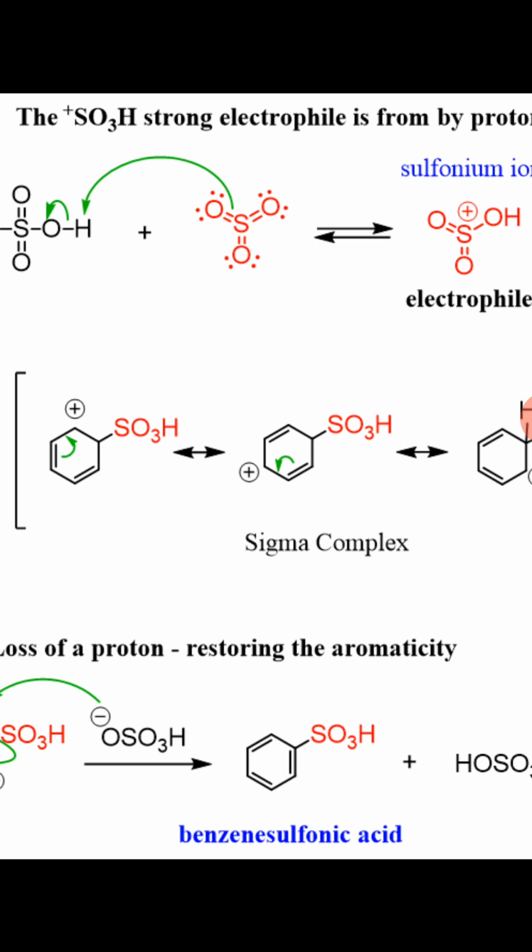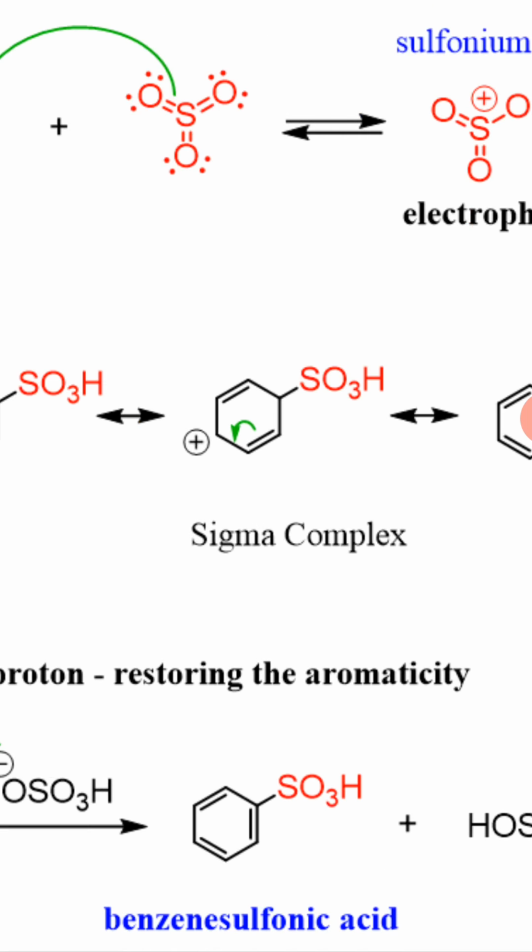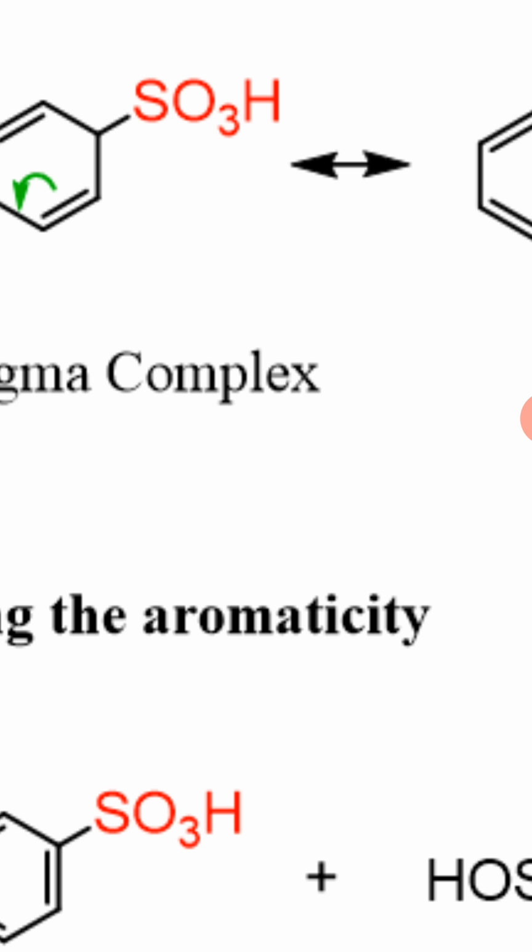The parent name is not benzene like in the previous reactions, where we made nitrobenzene, chlorobenzene, acetophenone. Here it's called benzenesulfonic acid because this group has a higher priority in nomenclature.